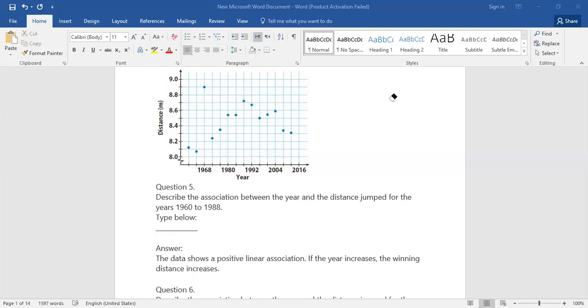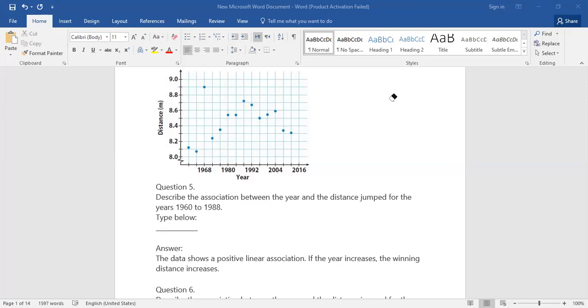A scatter plot with randomly scattered data points with no apparent pattern defines a scatter plot with no association. I will give you an example: the colors of the students' eyes and their ranks in the class. Does this represent a negative association or no association?